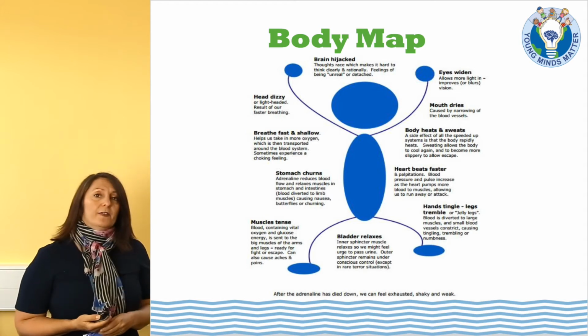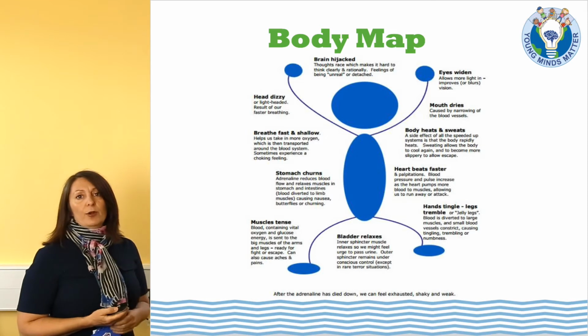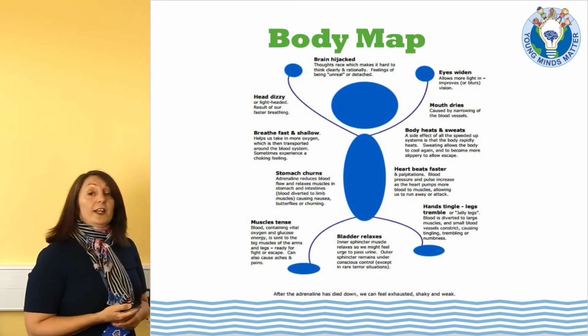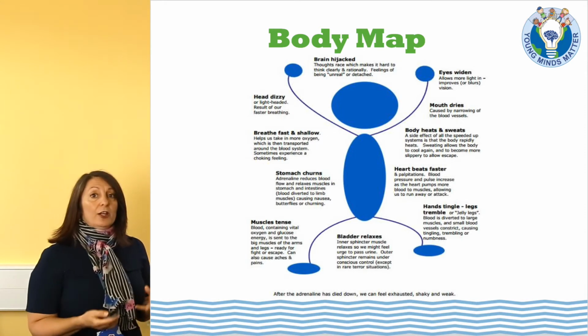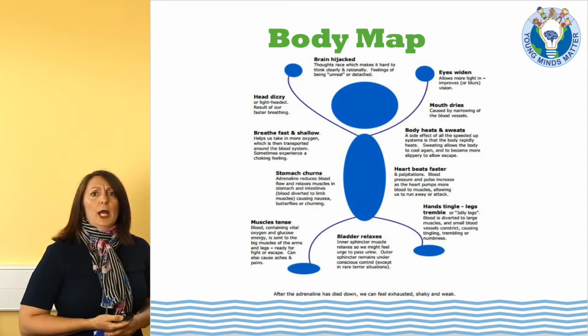Because we spoke about survival. That's what the body is being primed to do. It's being primed to respond to that threat in order to survive it. So let's take fight, for example. If you want to fight something, or flee from it, you physically need to be pumped up.